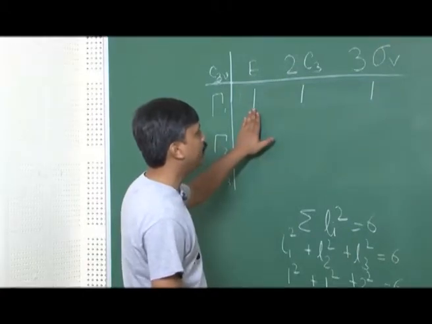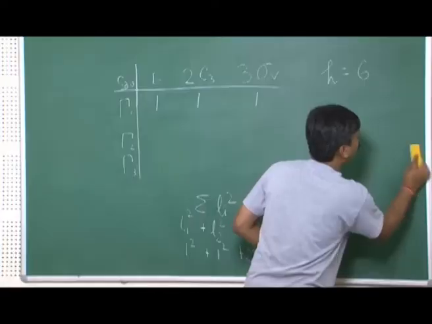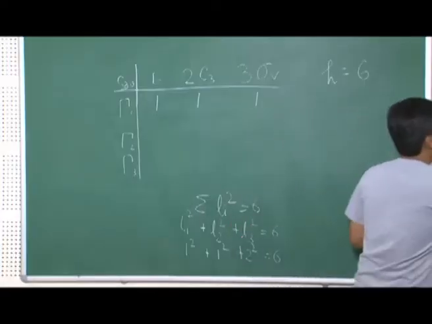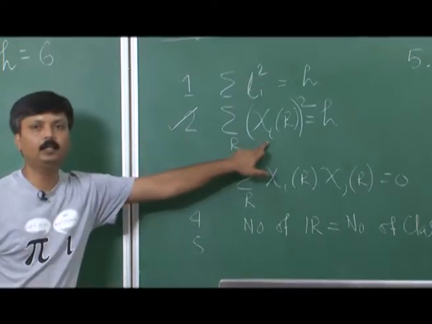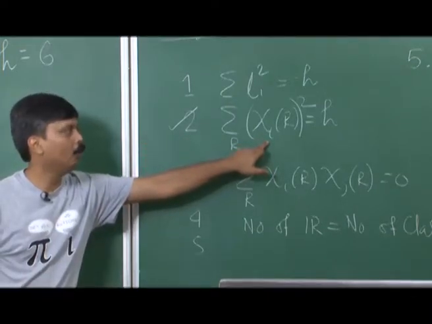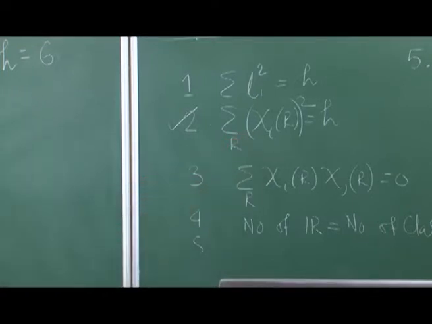We can also verify here that rule 2, which is over here, is satisfied. That is, the summation of the square of the characters for any ith irreducible representation over all the symmetry operations should be equal to the order of the group.